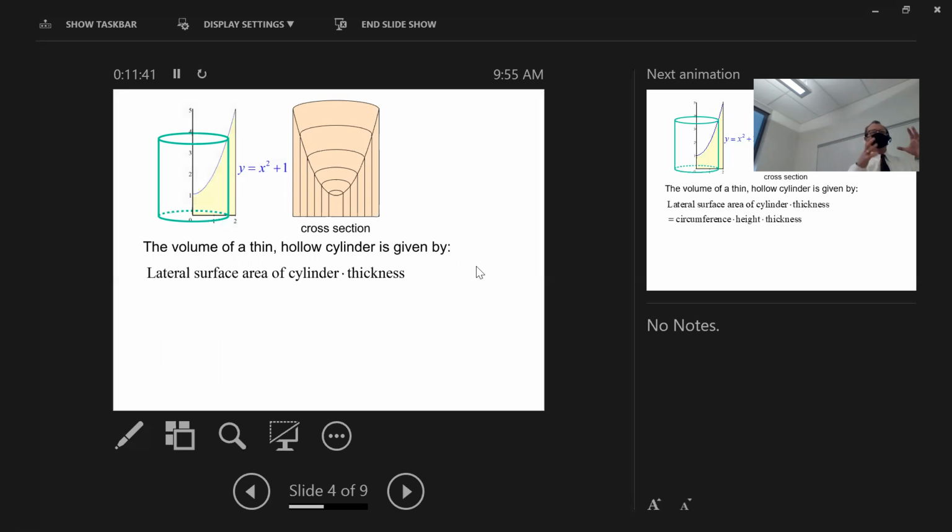So think about this. You've got this can of Coke. Surface area means, lateral area means no top and no bottom. So you have this can of soda. And you use a can opener, you take the top off. And you take the bottom off.